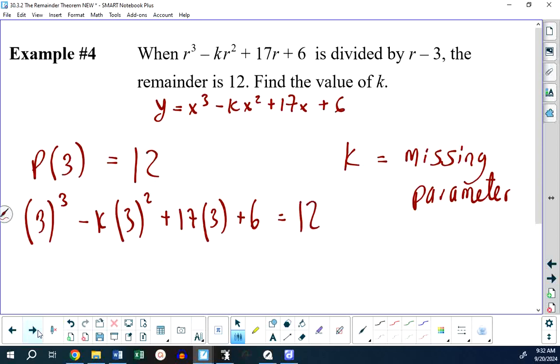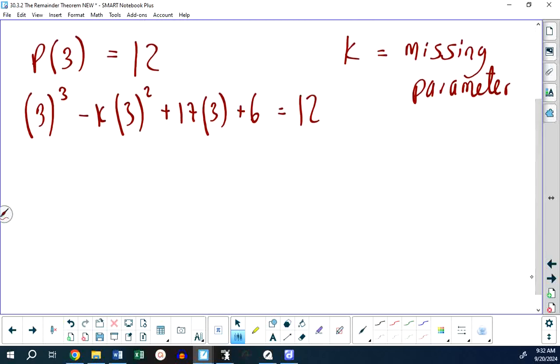So from an equation standpoint, you now have an equation with one unknown, which is k. We can simplify this. 3 cubed is 27. 3 squared is 9, so let's just write 9k. 17 times 3 is 51. Pretty sure on that count.